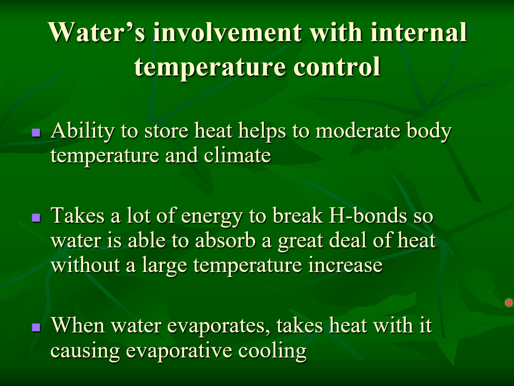So water is able to absorb a lot of heat because it has these hydrogen bonds with it. When water evaporates, it takes heat with it, and that's what we call evaporative cooling. Basically, that's what happens when you sweat. When you get really hot, your body triggers you to start sweating. Why is that? Because as you sweat and that water is leaving you, when the water evaporates, it takes that heat with it.